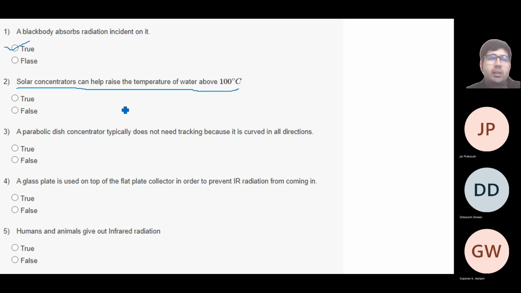So yes, option 2 is true, because as I already covered, if we use a solar concentrator, we can focus all the radiation to a particular point.